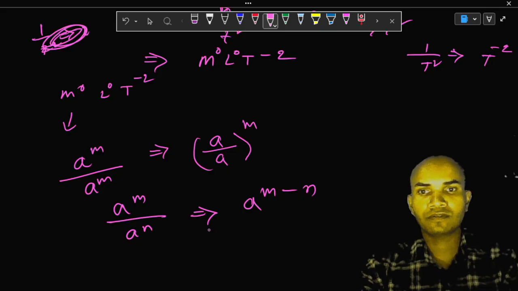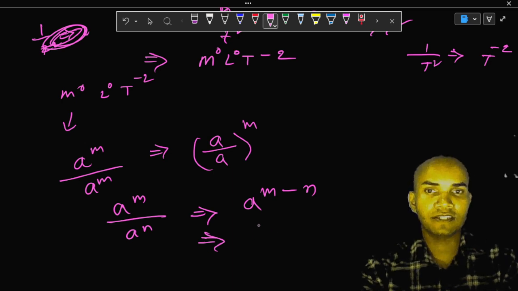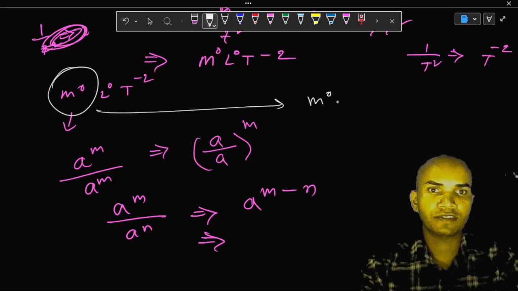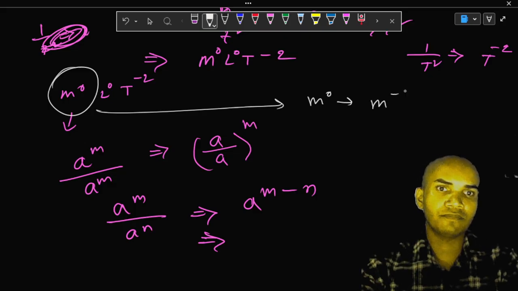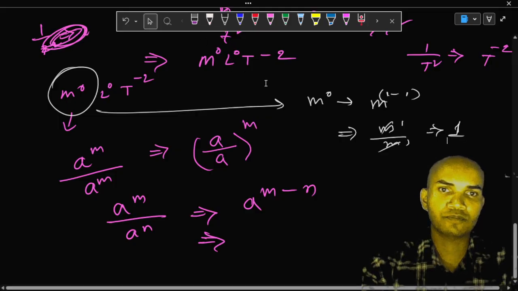The same thing is repeating here. I am taking that M^0 from here: M^0 represents M^1 minus 1, it means M by M, which cancels out, so it is representing the value of 1. It is coming from the law of indices.